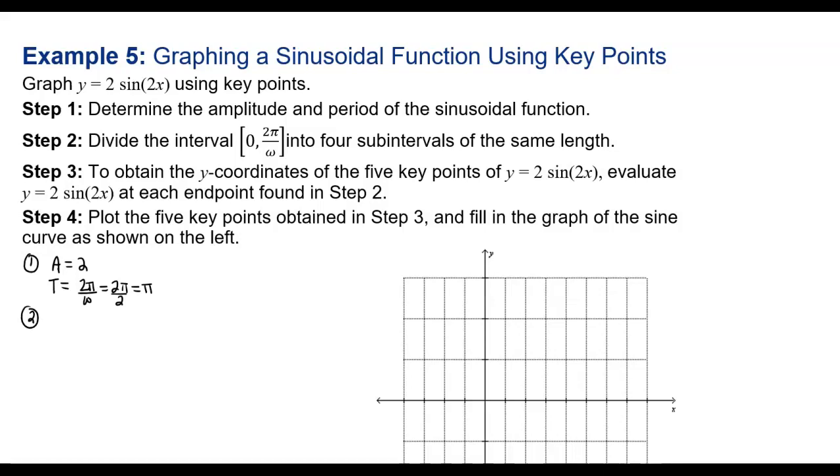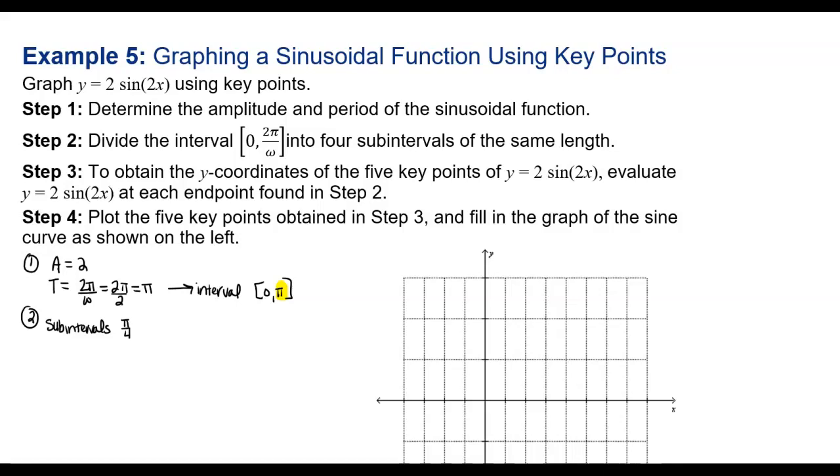Step 2 is divide your interval. So our interval was pi. From 0 to pi, we need to split that into 4 sections, so you just take the pi and divide it by 4. So my subintervals are pi over 4.